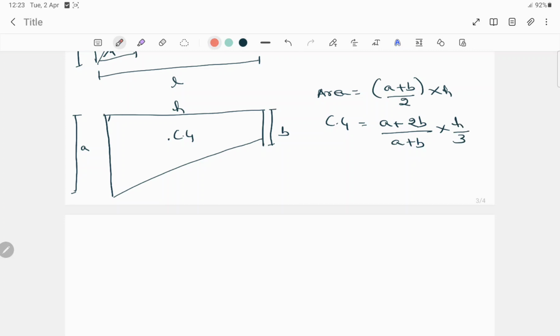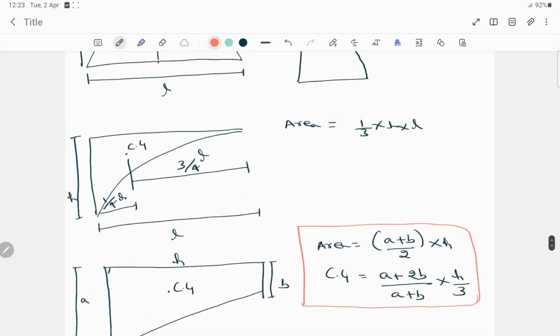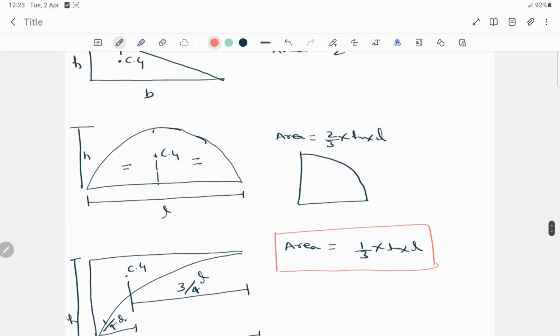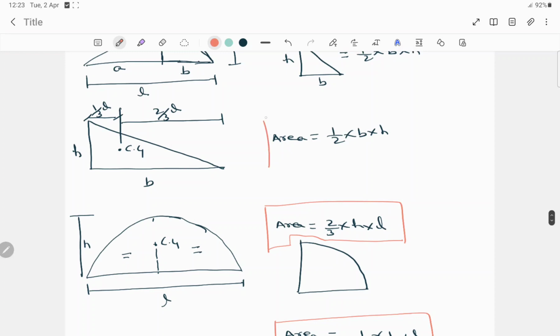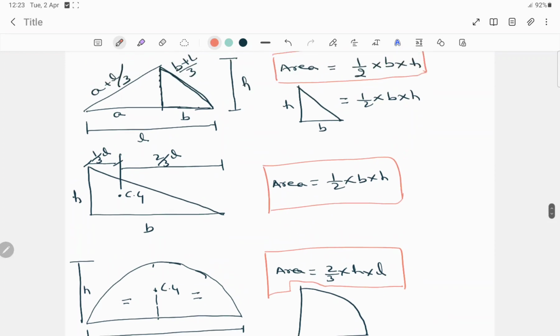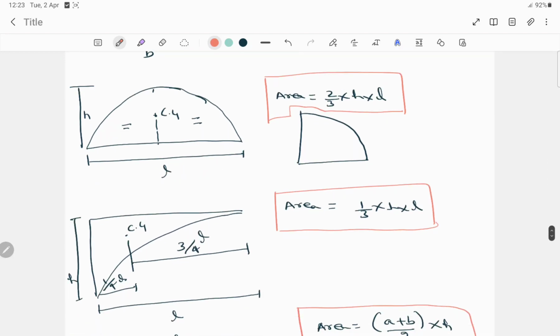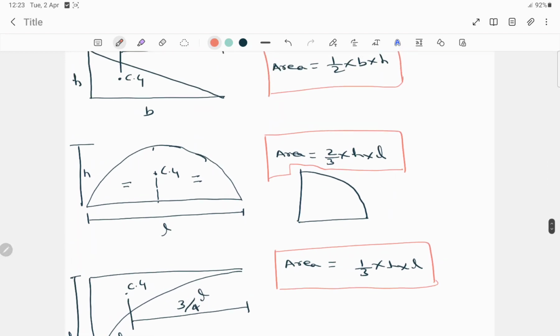So we have to remember all these formulas for different cases. These are the most important things to remember, and they will be used in many cases, not only in the conjugate beam method but also in the moment area method and the slope deflection method.